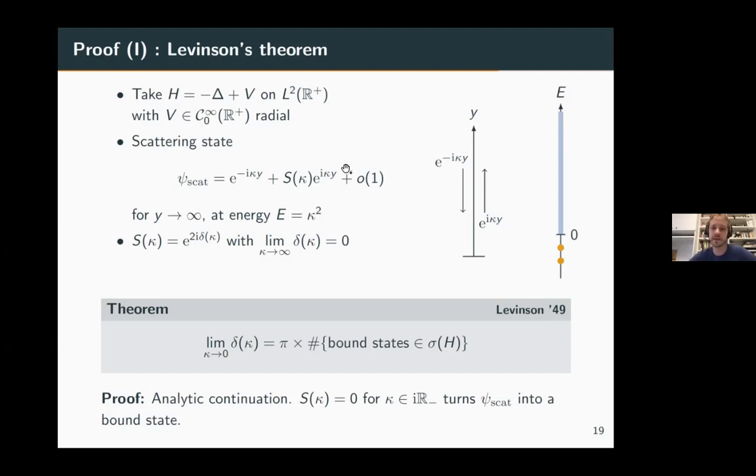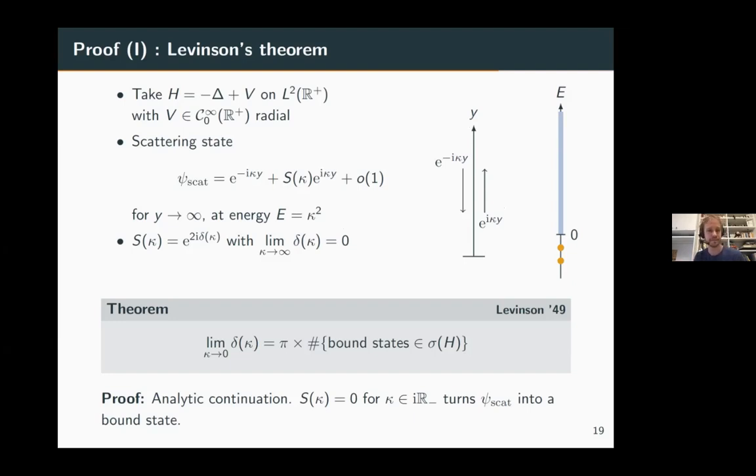and build the scattering theory in the same way we did. So on the whole line, we have this plane wave that propagates at energy E equals k squared. And when you have a boundary and the potential, you can build a scattering state in the same way. And the coefficient here is also the scattering amplitude.